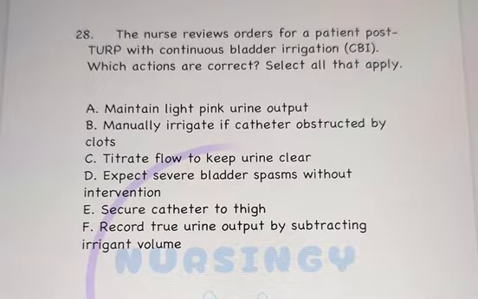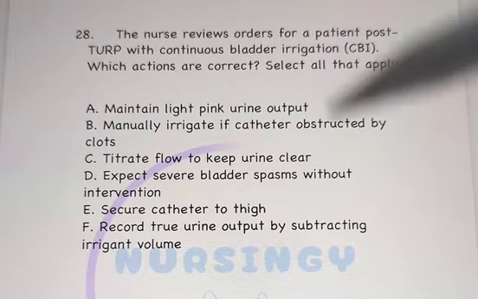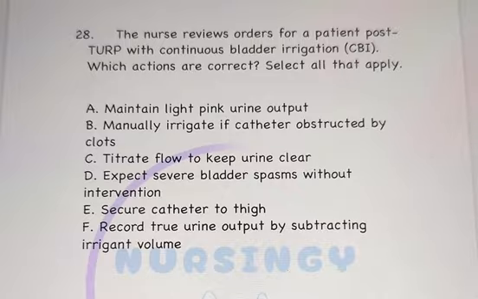Because there can be some clots and some blood in the bladder, we don't want clots to accumulate in the bladder. That's why we need continuous bladder irrigation.